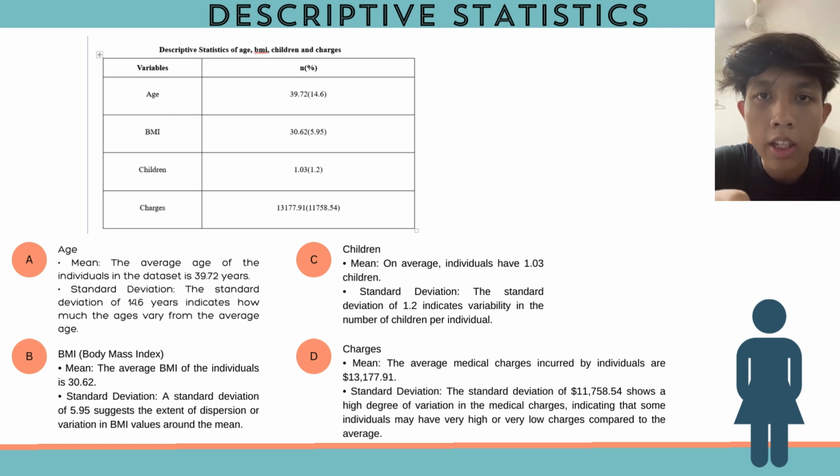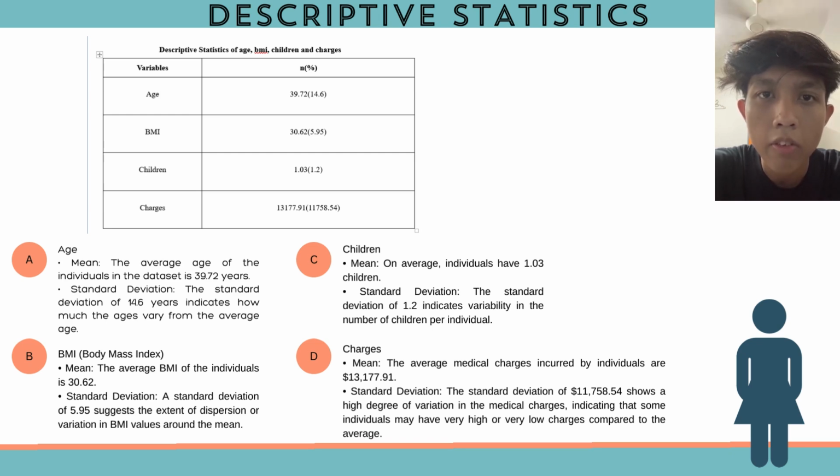The average BMI of the individuals is 30.62. The standard deviation of 5.95 suggests the extent of variation in BMI values around the mean. For children, on average individuals have 1.03 children. The standard deviation of 1.2 indicates variability in the number of children per individual.